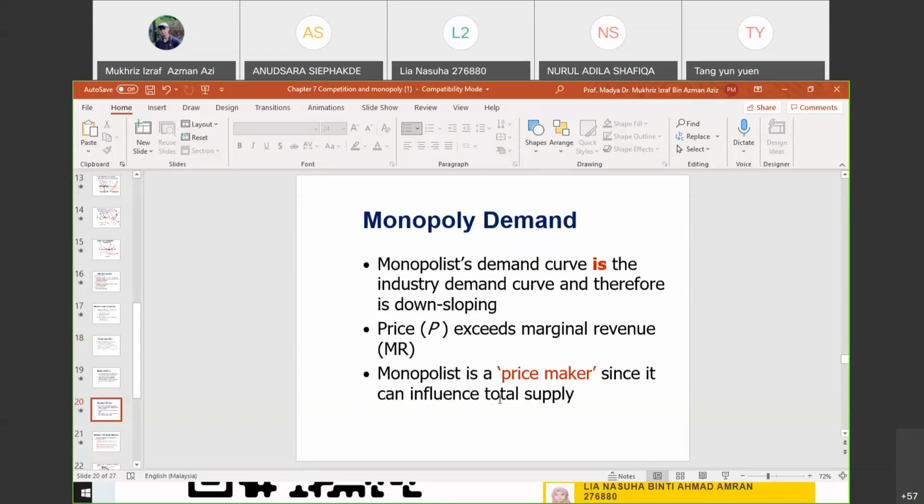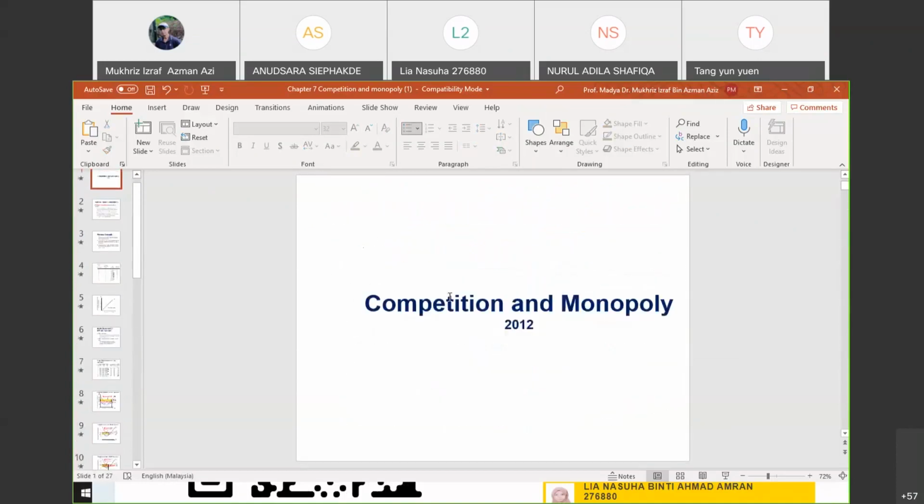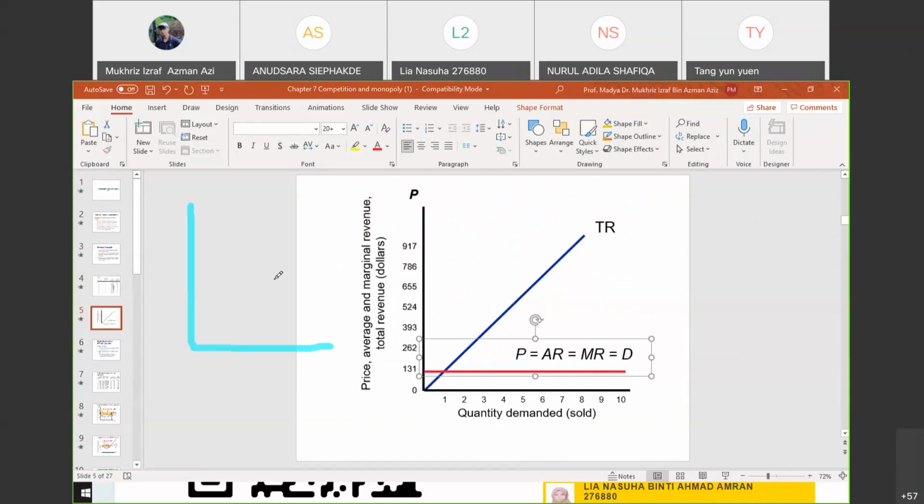Because the firm is a price maker, if you recall from the perfect competition topic, the demand curve for each company, this horizontal demand curve, is the one faced by the individual firm. But for the whole market, the demand will still be downward sloping. So do not get confused between this demand curve and this demand curve.